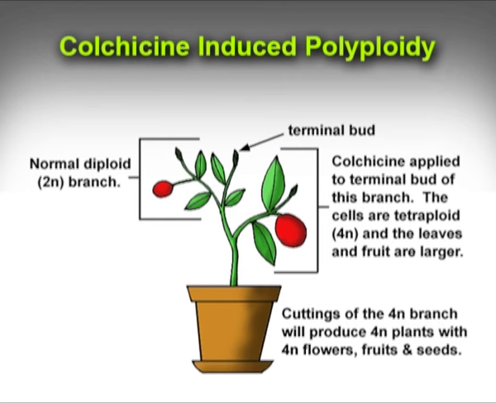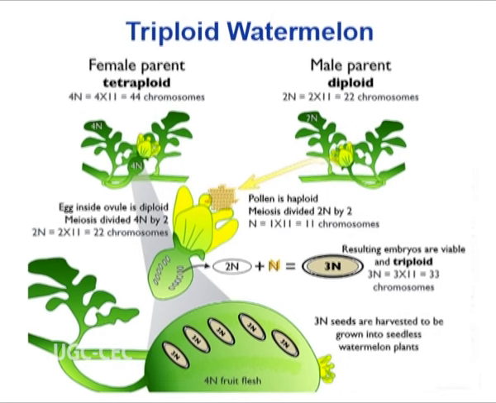Subsequent nuclear divisions are normal, so that the polyploid cell line once initiated is maintained. By crossing an autotetraploid with a diploid one, triploids can be produced, as in watermelon, that are partially seedless.